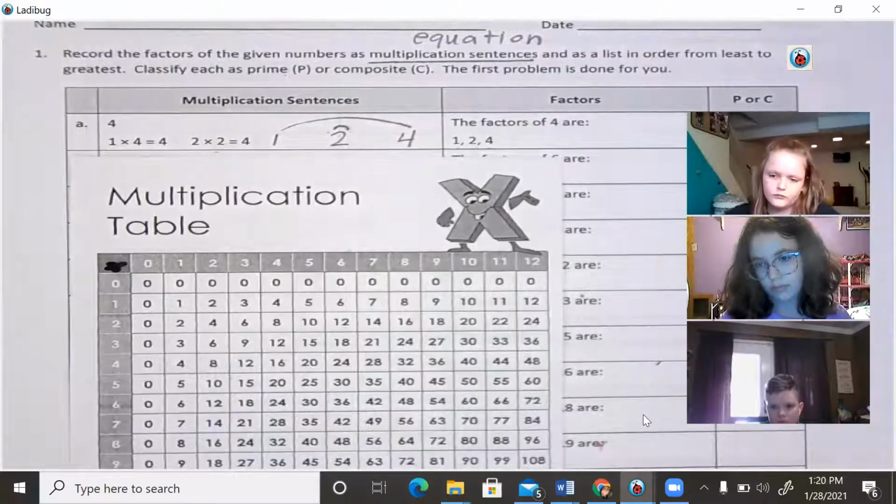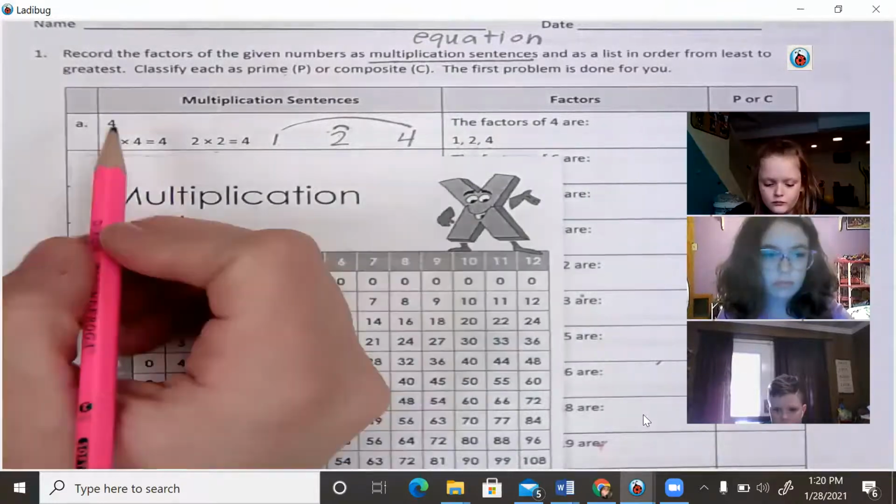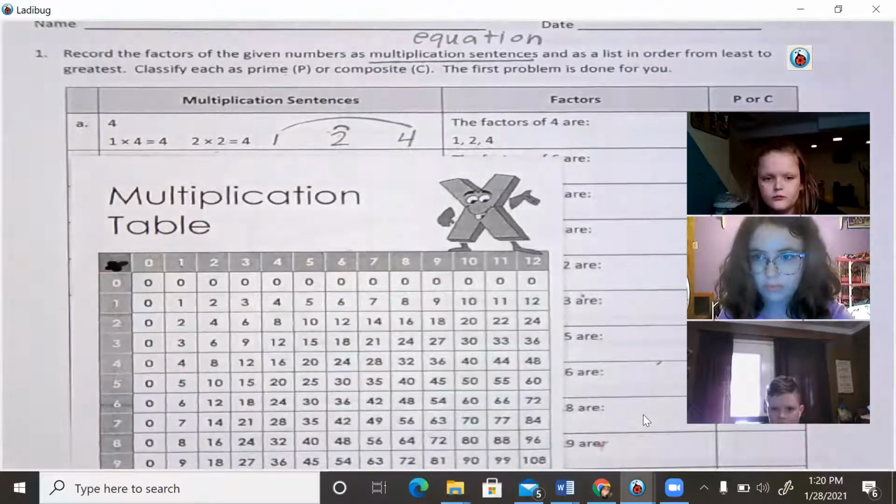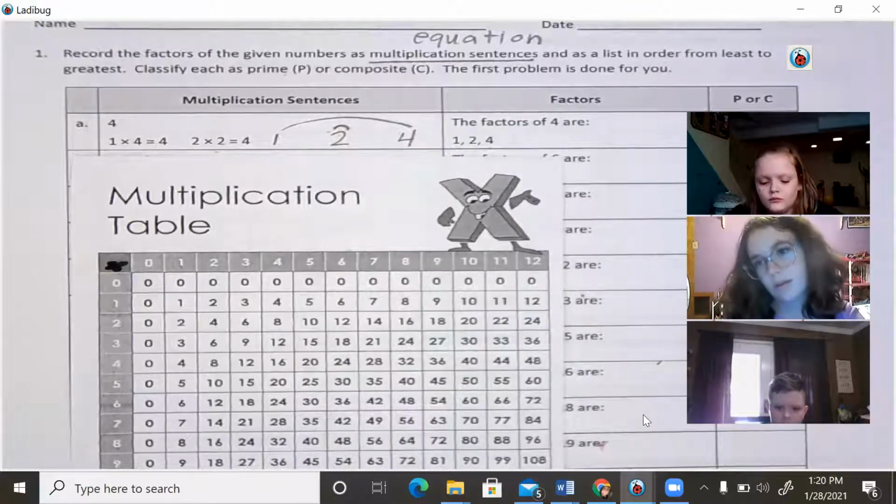Riley, is 4 prime or composite? Composite. Why?